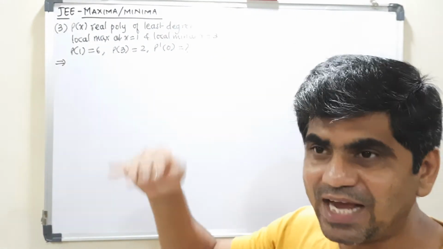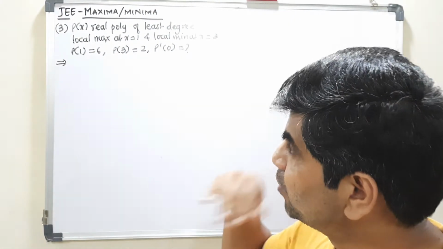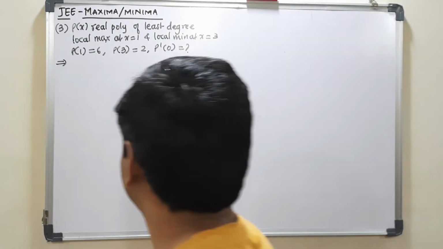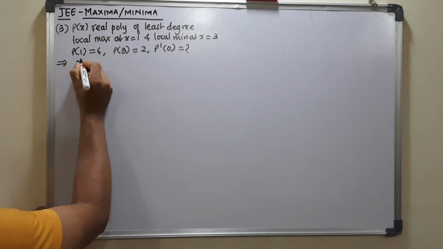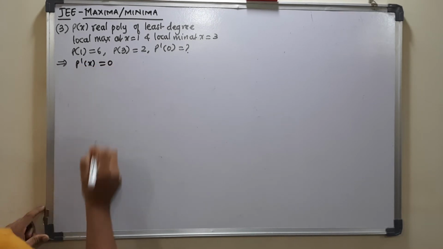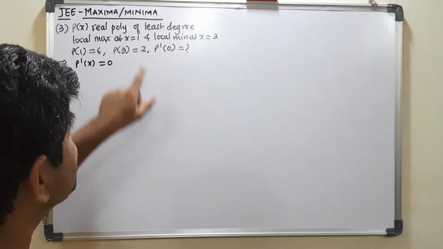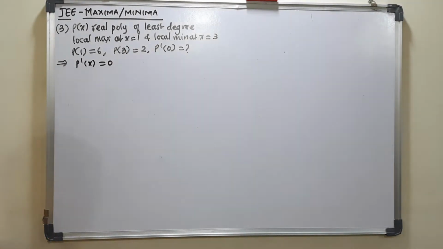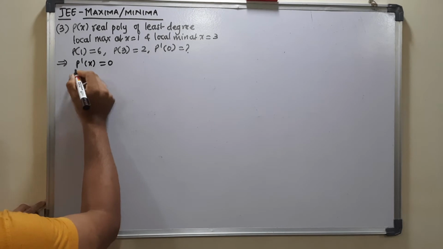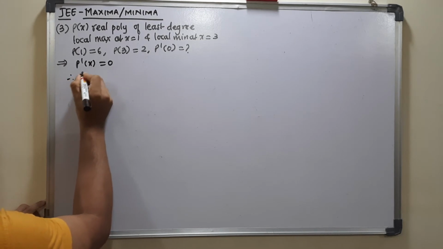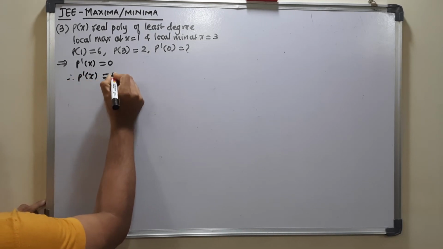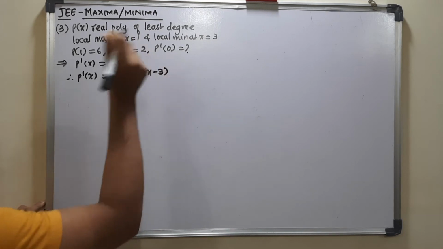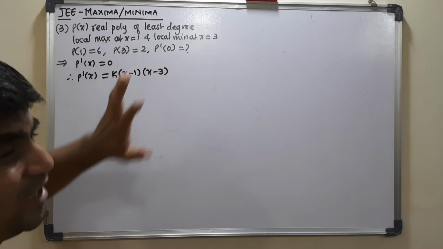That means p dash x is equal to 0 gives you the points x is equal to 1 and x is equal to 3. So obviously p dash x will be something like k into x minus 1 into x minus 3, because the word is of least degree.